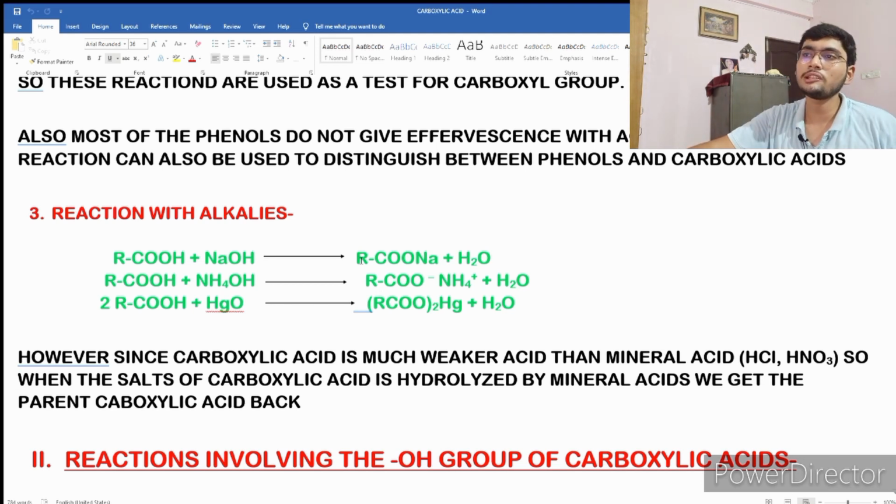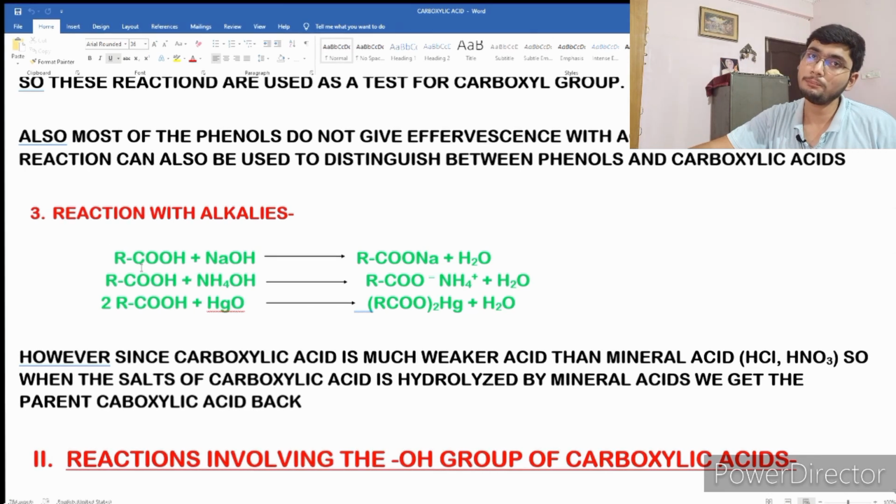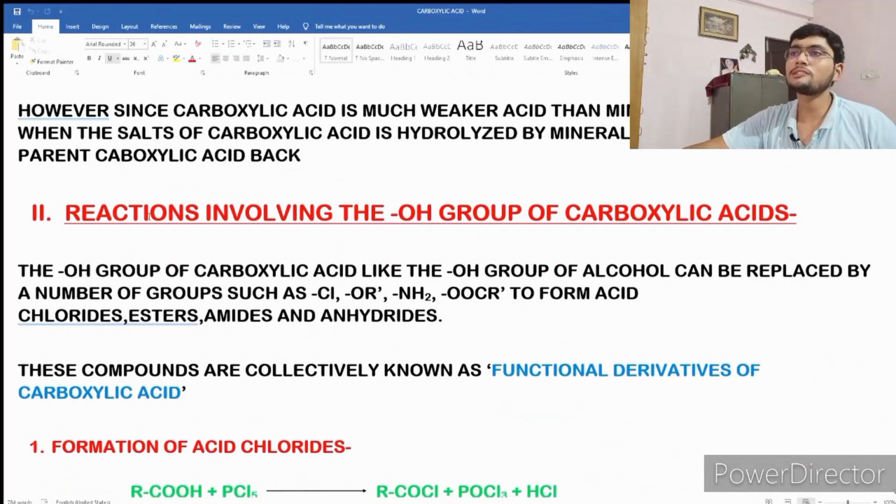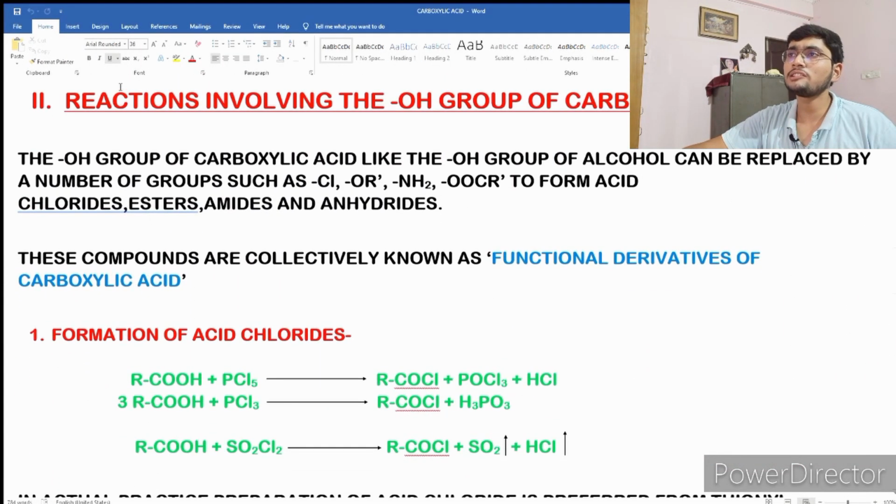For example, if we react this sodium salt RCOONa with a mineral acid, we will get the carboxylic acid back. So now let us see some other reactions, that is reactions involving the OH group of carboxylic acids.